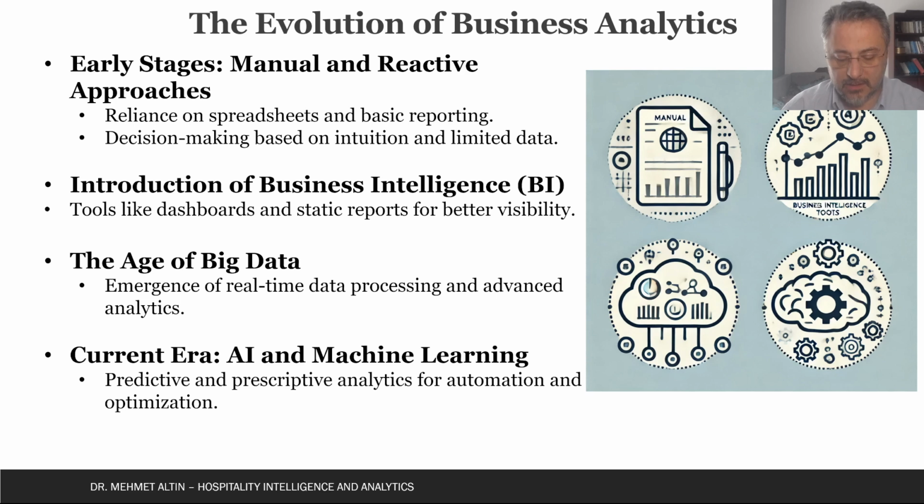This was particularly helpful in hospitality businesses. Today, we are in the era of AI and machine learning. These technologies allow businesses to leverage predictive and prescriptive analytics. Newer models can now forecast future trends, automate decision making, and optimize operations in real time.